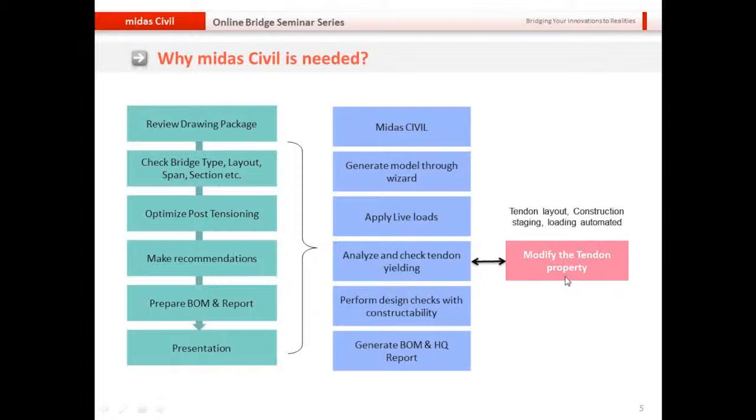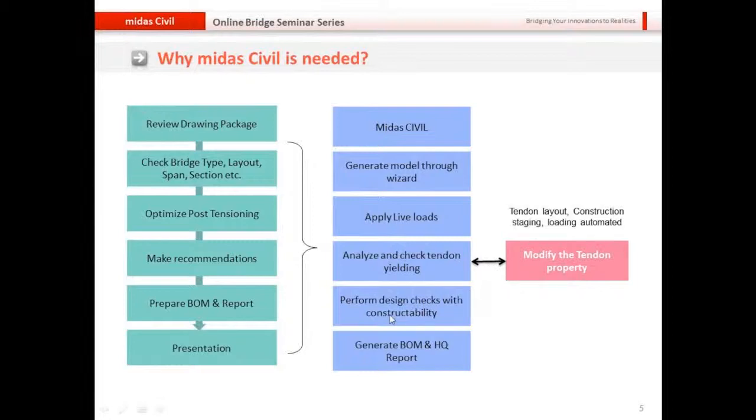And then once you have got an optimal solution, you can then go ahead and perform the design checks and constructability checks to seal your iterations. So as you can see, you need not go all the way back to redo everything, but you can just take care of the entire iterations by quickly modifying the tendon property.